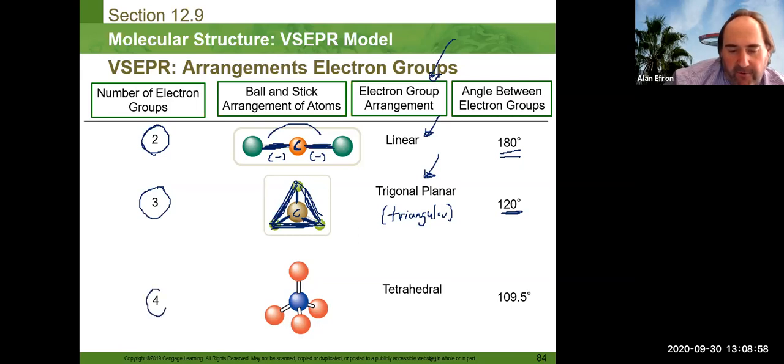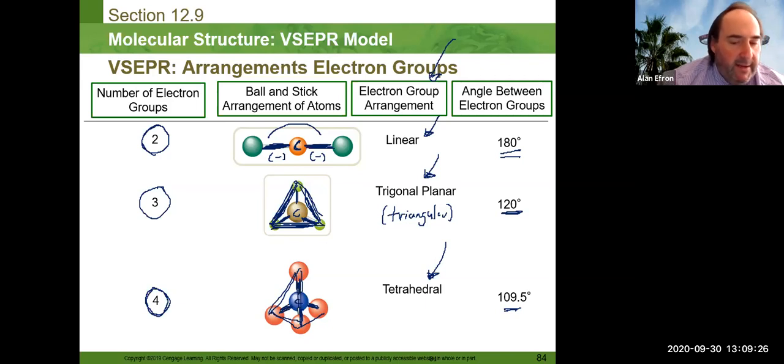When you have 4 electron pairs around the central atom, 1 electron pair, 2 electron pairs, 3 electron pairs, 4 electron pairs, that has a name of tetrahedral, and it has a bond angle of 109.5, almost like a pyramid type shape, where each of the faces makes a triangle, with that bond angle of 109.5.